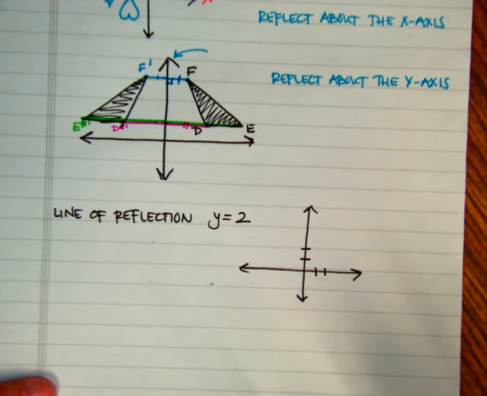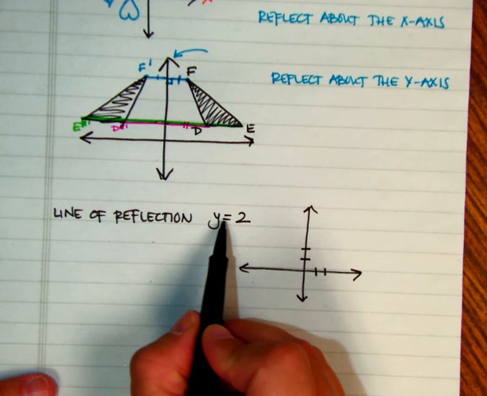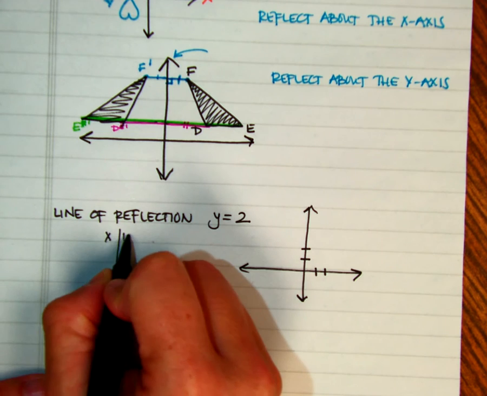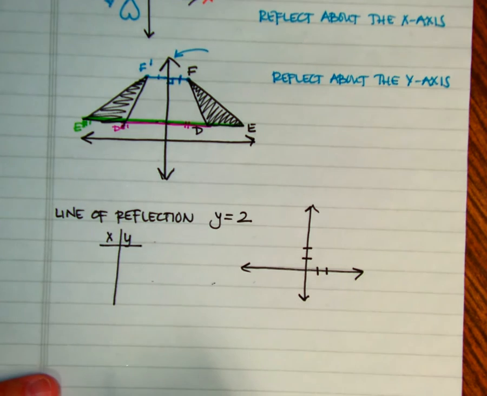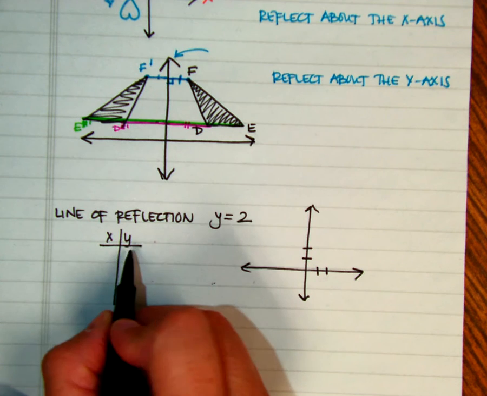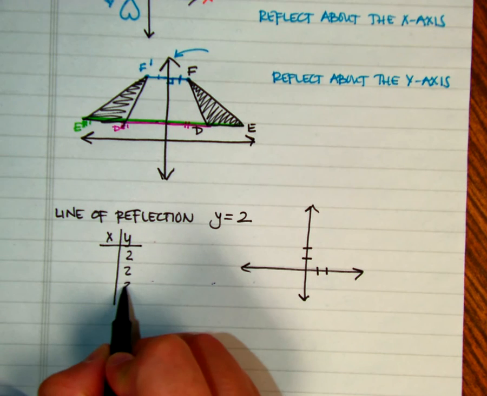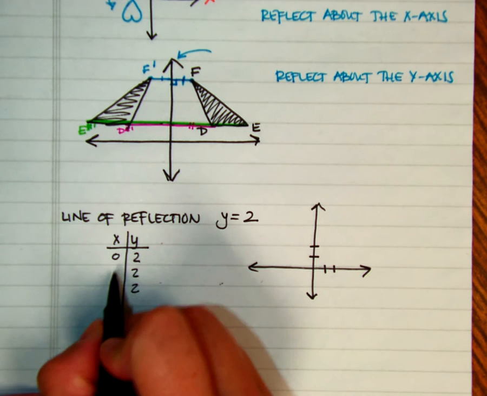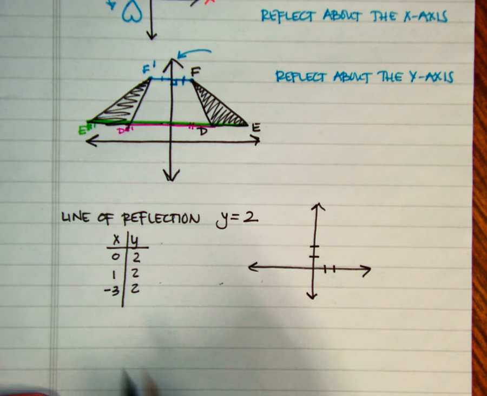The way that I teach my algebra students is y has to always be 2. So if I were to go back to the very basics and set up my xy table, all of my y's have to be 2. And my x's can be anything. So 0, 1, -3.